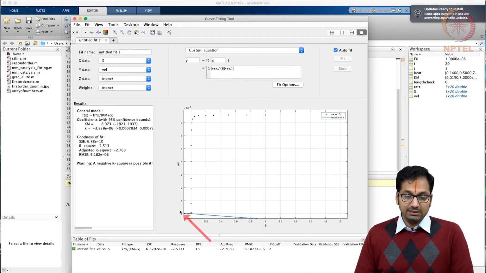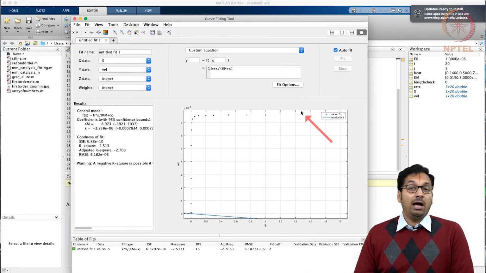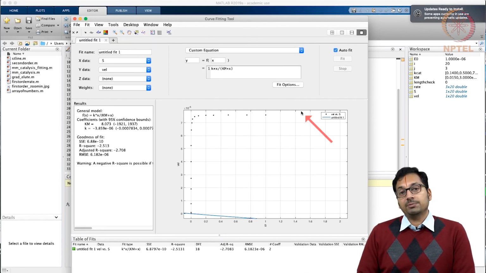And what you are able to see here is that this is having a problem, largely because the Y axis is having a 10 power minus 6 term and it is unable to fit this. If you recollect the equation that we are trying to use, velocity is equal to Kcat times E naught times the substrate concentration, the whole divided by Km plus S. And we know for a fact that we are taking the substrate concentration as a known amount.